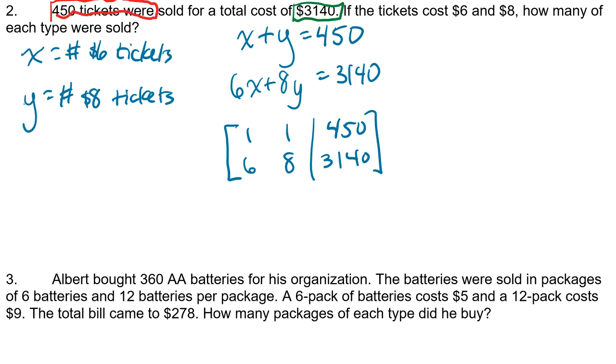Now, if you do Gauss-Jordan elimination or just put it in your calculator, here is the answer you should get. You should get 1, 0, 230, 0, 1, 220.